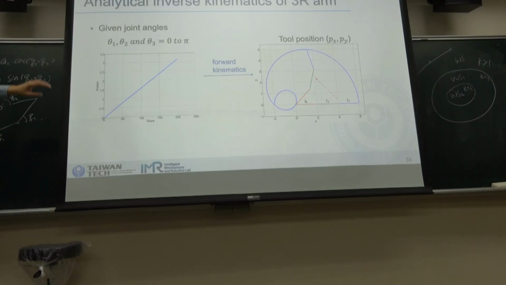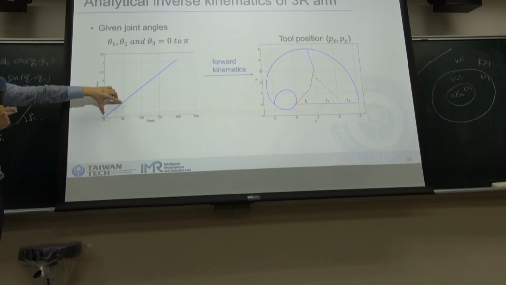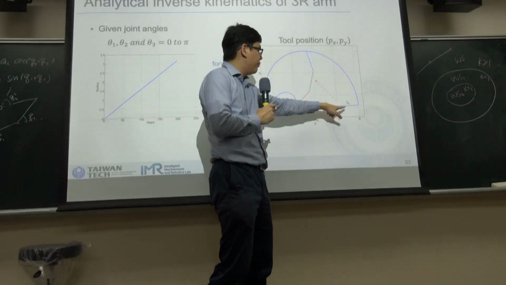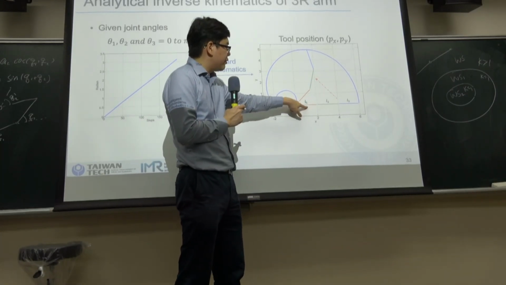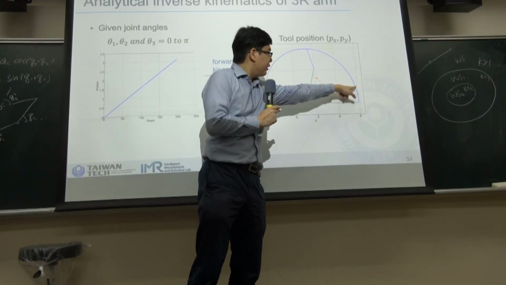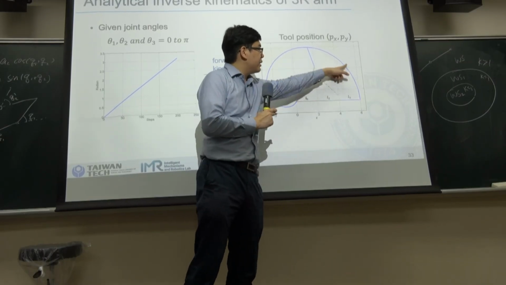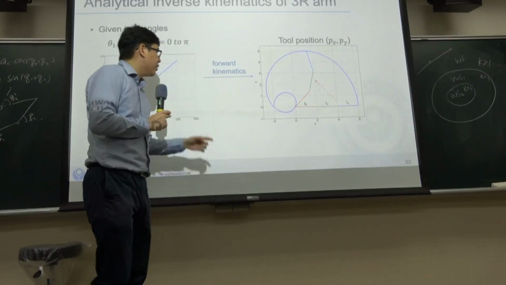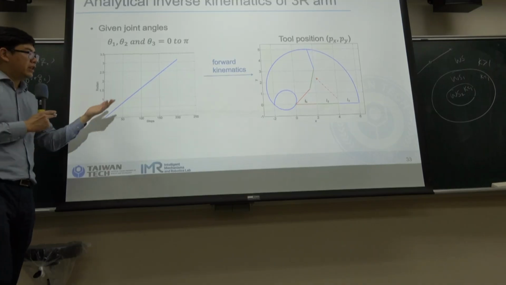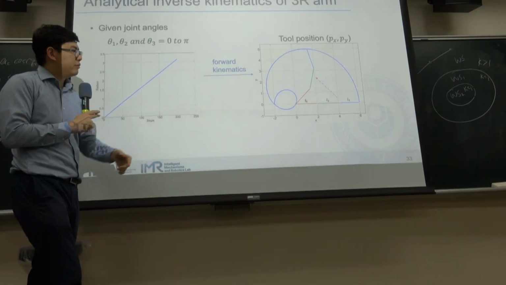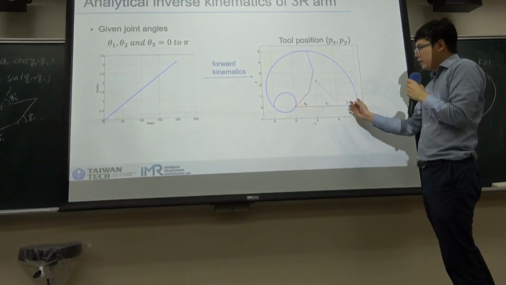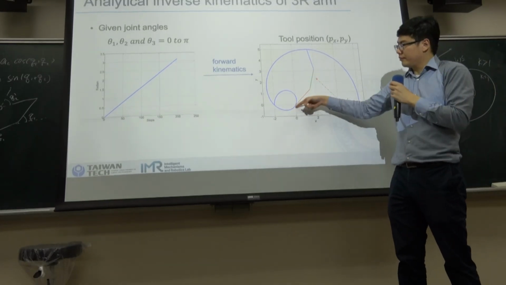So this is about kinematics. Here we have a robot with 3 arms: the first one is link 1, link 2, and link 3, and this is the end effector position, and this is the trajectory. If we move the joint values, then we can see that this robot will be folding.